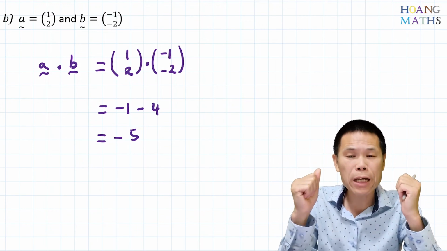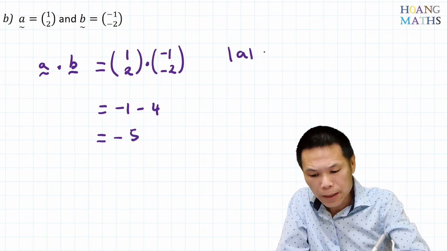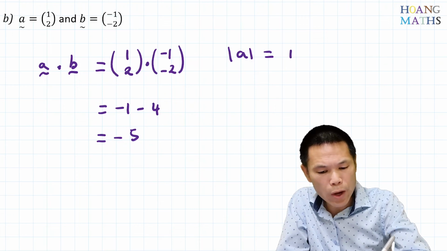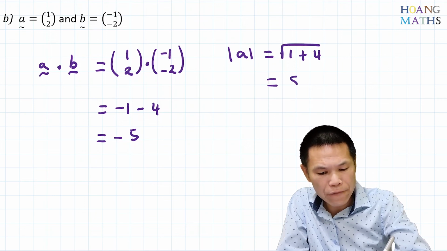So now let's find the magnitude of A and magnitude of B. Magnitude of A, using Pythagoras theorem, is the square root of 1 squared, which is 1, plus 2 squared, which is 4. So that gives me square root of 5.